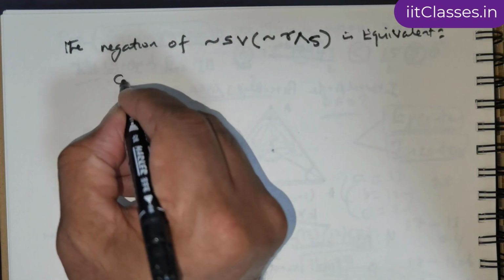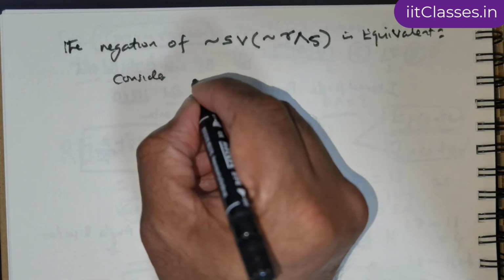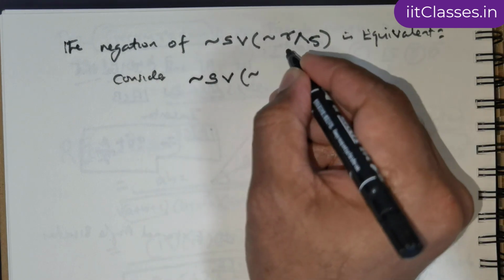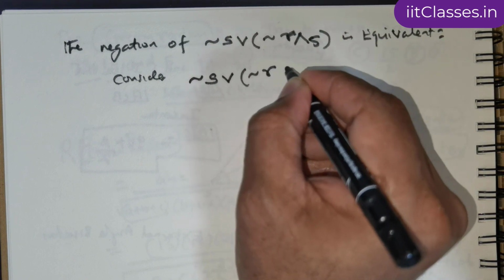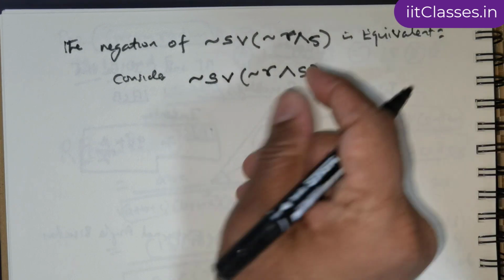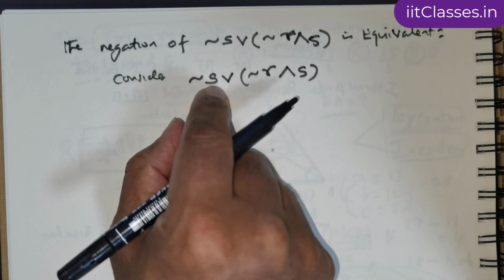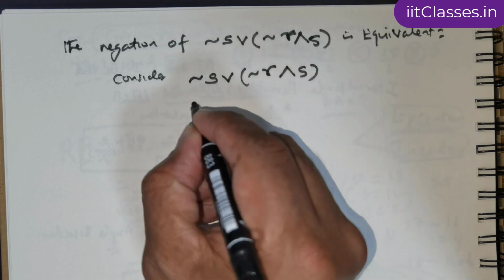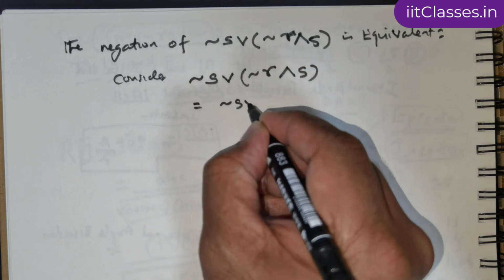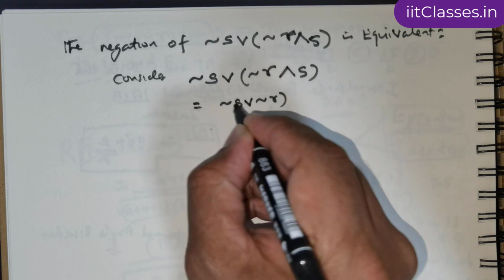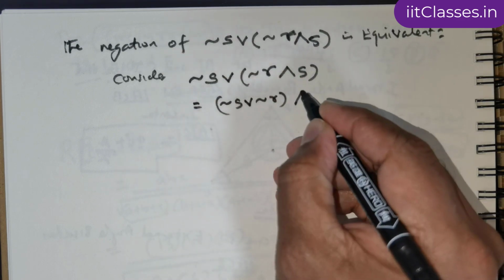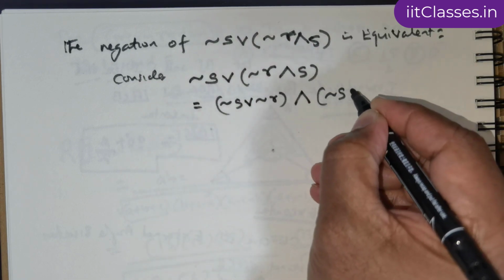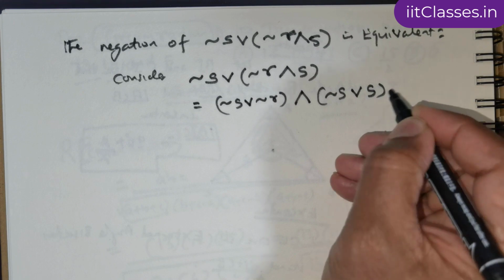So what I would do is I would start off by considering negation of S, disjunction negation of R, conjunction S. So let us distribute negation of S with the connective disjunction throughout. So this is going to be negation of S, V negation of R. Then you got the conjunction followed by negation of S union S. So what is this?